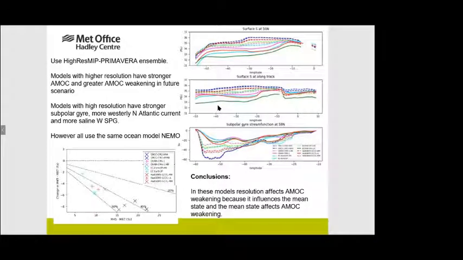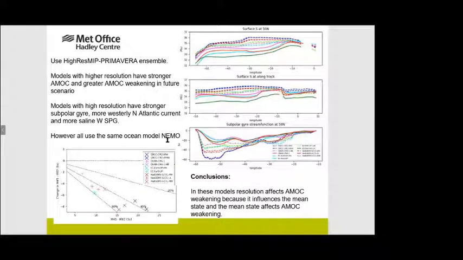So these all fit the idea that maybe in these models anyway, the model's resolution seems to be affecting the AMOC weakening, but that's because it's influencing the mean state, and the mean state is affecting the AMOC weakening. One big caveat is that they all use the same ocean model, NEMO.